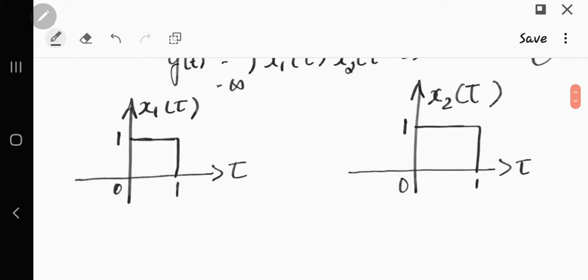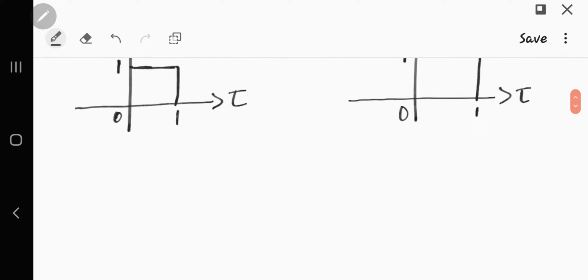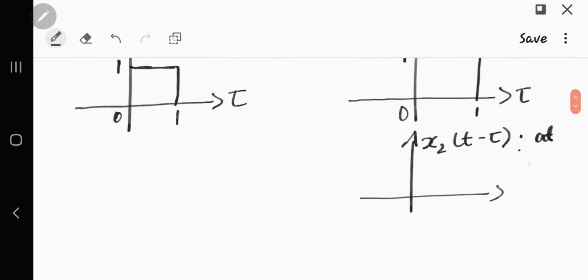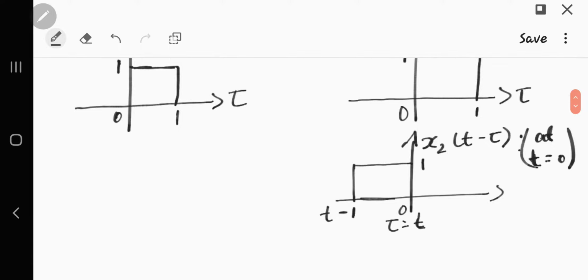So this is x2 of tau, and if you take the reversal version of this, considering t is equal to 0, you will get the signal like this, and this point is called t minus 1 and this one is 0, that is tau is equal to t here.